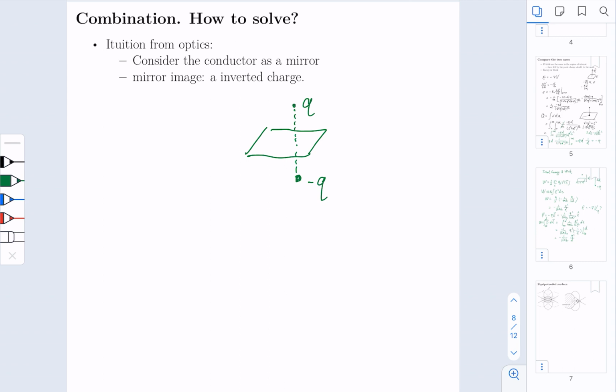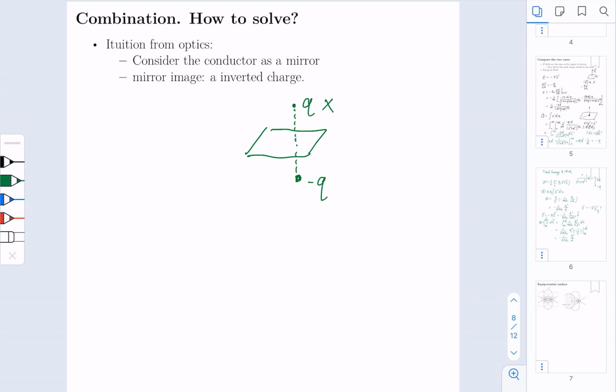There are also some restrictions on where you can put the image charge. You can never put the image charge inside the surface of interest, because if you put a charge over there, you actually change the problem you are trying to solve.